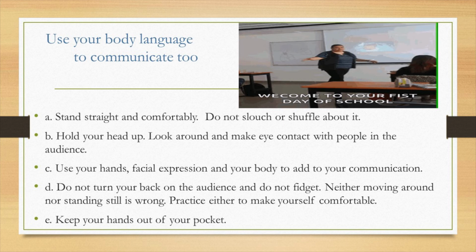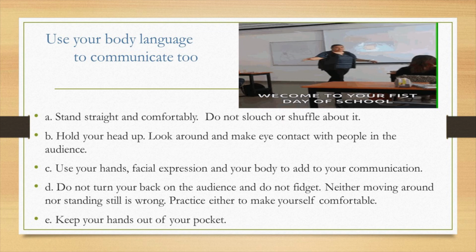How are we going to do it? A, stand straight and comfortably. Do not slouch or shuffle about it. B, hold your head up. Look around and make eye contact with people in the audience. C, use your hands, facial expression, and your body to add to your communication.